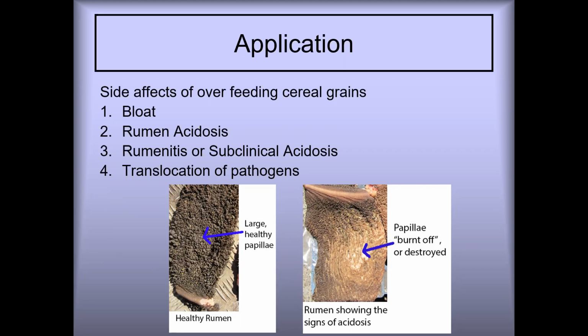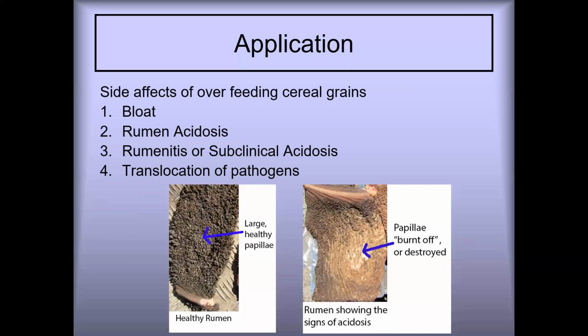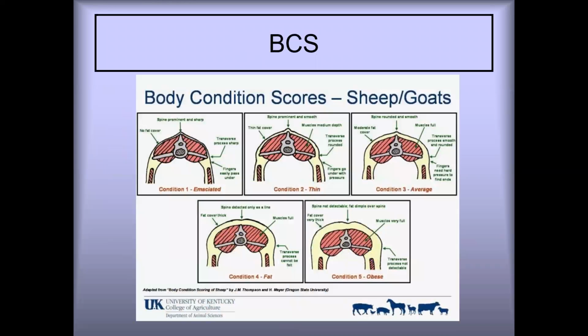So essentially, the point of what I'm trying to get across there is that keeping our concentrates at a moderate level based on their body condition is going to allow us to manage that GI health by higher fiber diets.